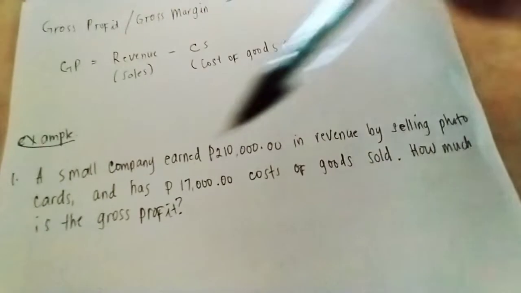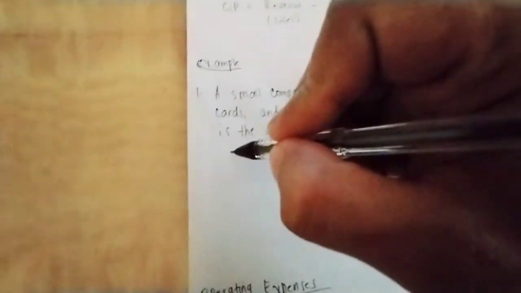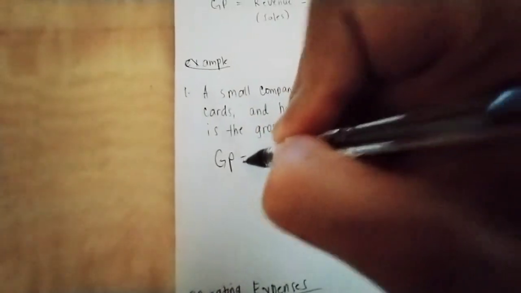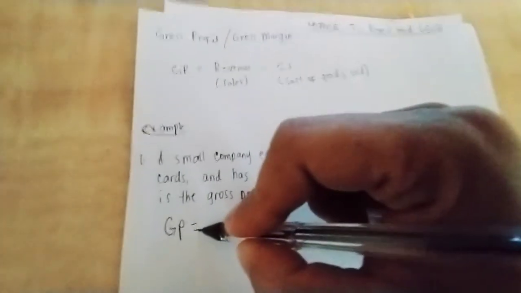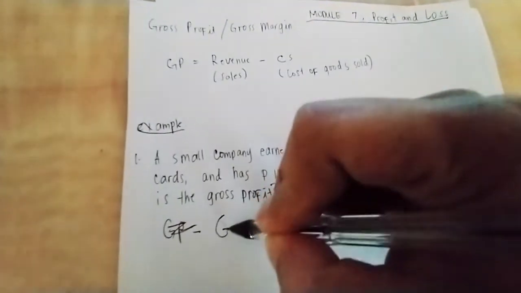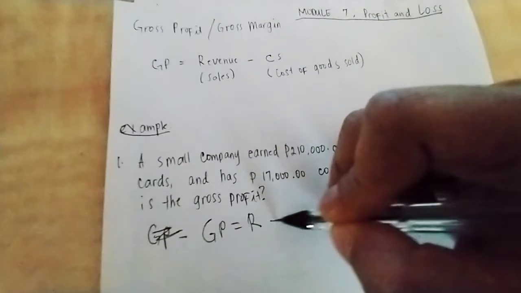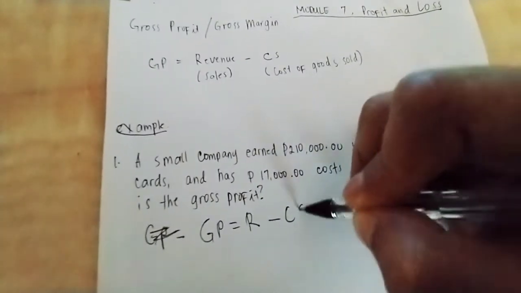So how much is the gross profit? So using this formula, we have gross profit equals revenue or sales minus cost of goods sold.